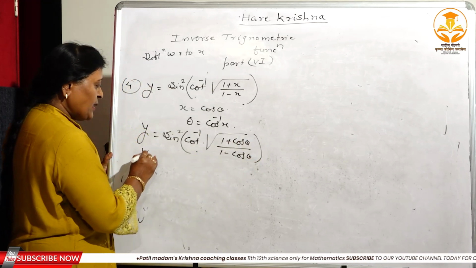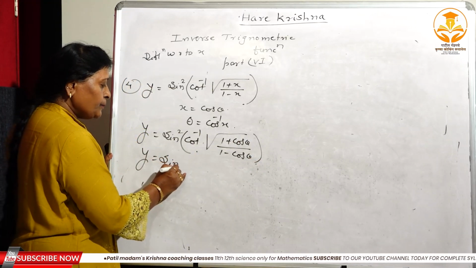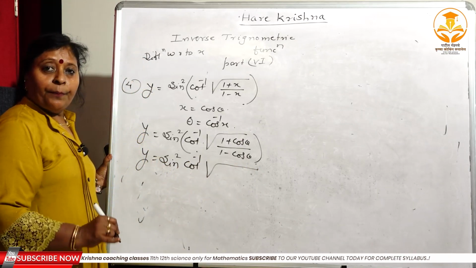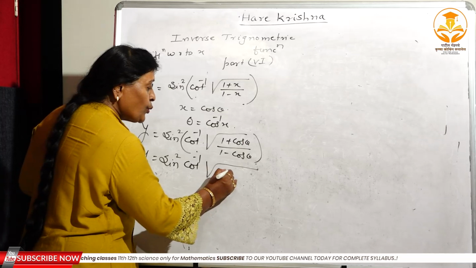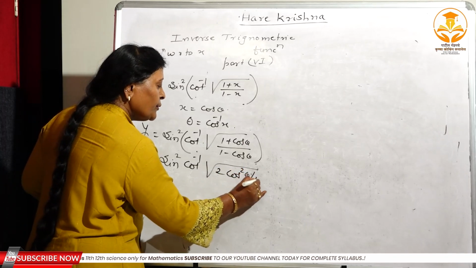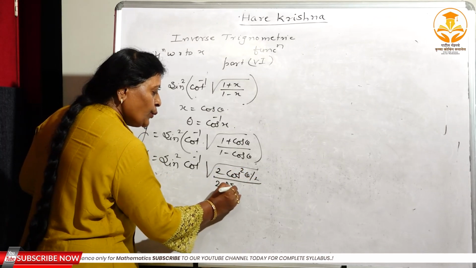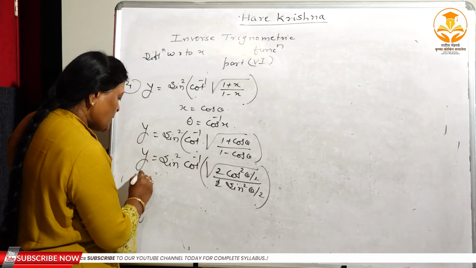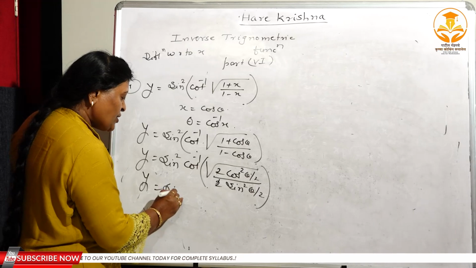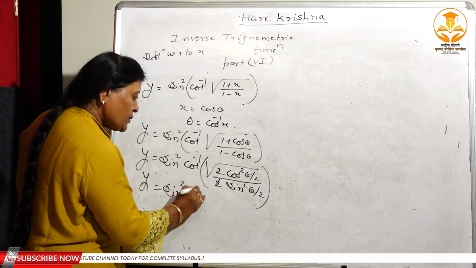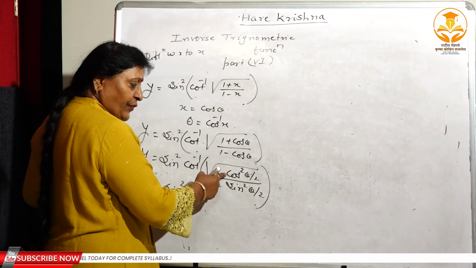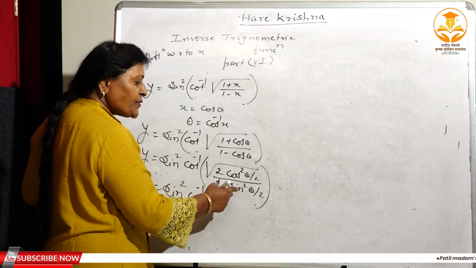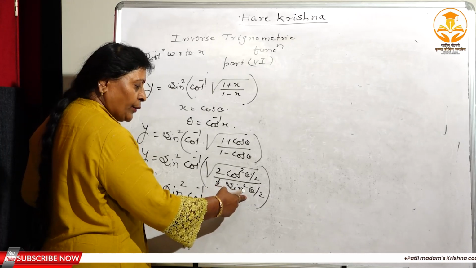Therefore y is equal to sin square cot inverse, again use the evergreen formula, 1 plus cos theta, that is 2 cos square theta by 2, 1 minus cos theta, 2 sin square theta by 2. 2 get cancelled, y is equal to sin square cot inverse, again the square root of cos square theta by 2, that is cos theta by 2, and the square root of sin square theta by 2, that is sin theta by 2.